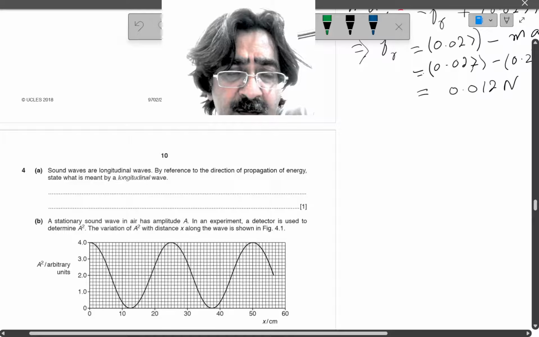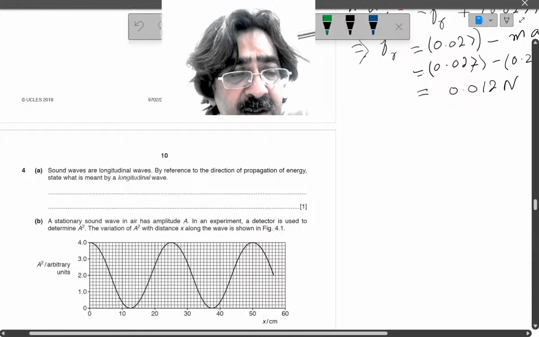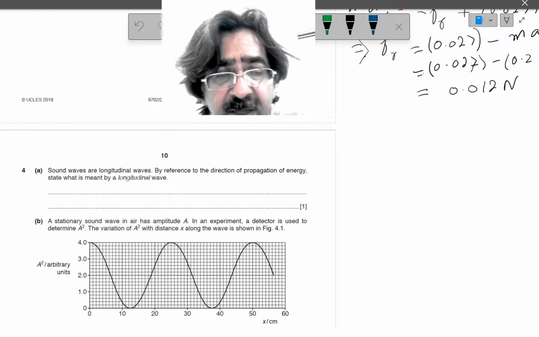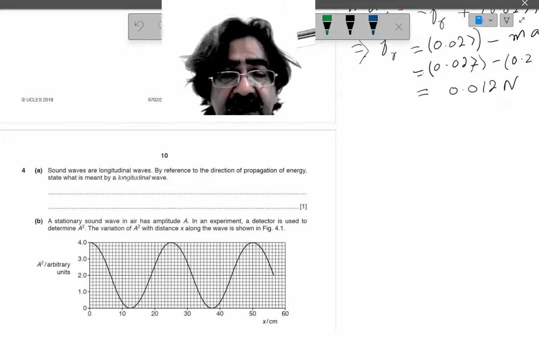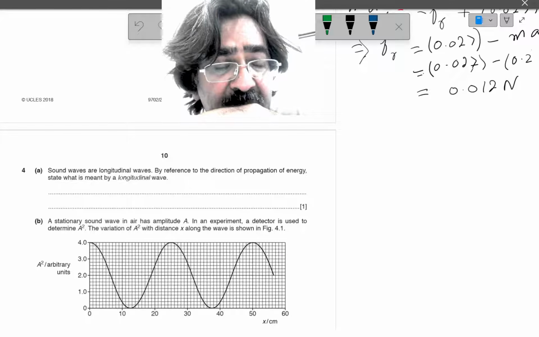Sound waves are longitudinal waves by reference to the direction of propagation of energy. What is meant by longitudinal?